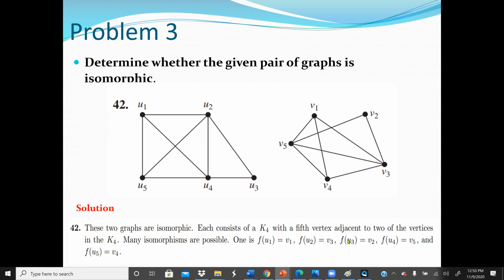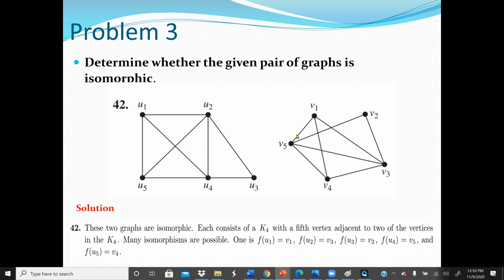Since the number of vertices and the number of edges are the same for both graphs, now we look at the degrees. Normally what I do is look at the vertex with the highest degree in one graph, then see if I can find the same in the other.